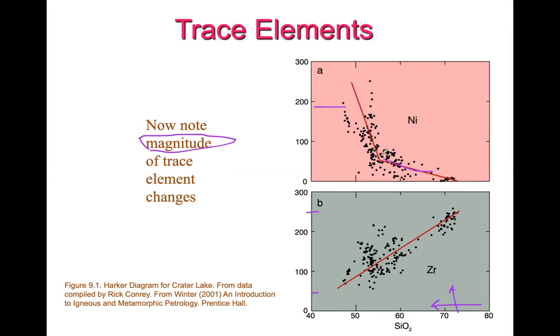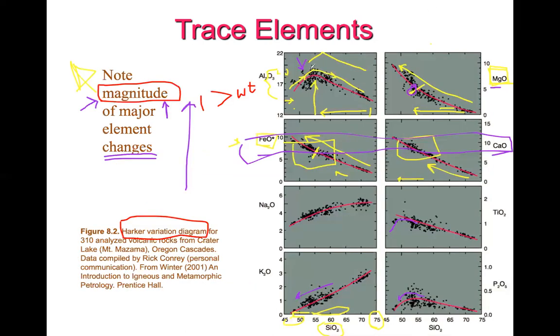For example, here you see the two processes have happened, probably the same process as was reflected by the major elements here, which was slightly replaced, right? Even if you had a small number of samples, you can see these black dots represent the number of analyses, right?